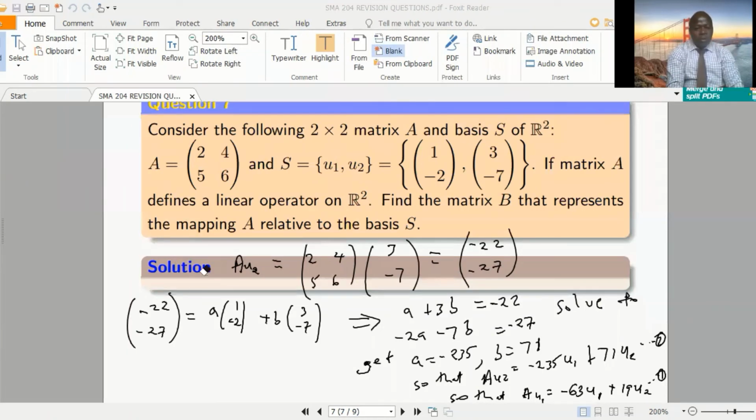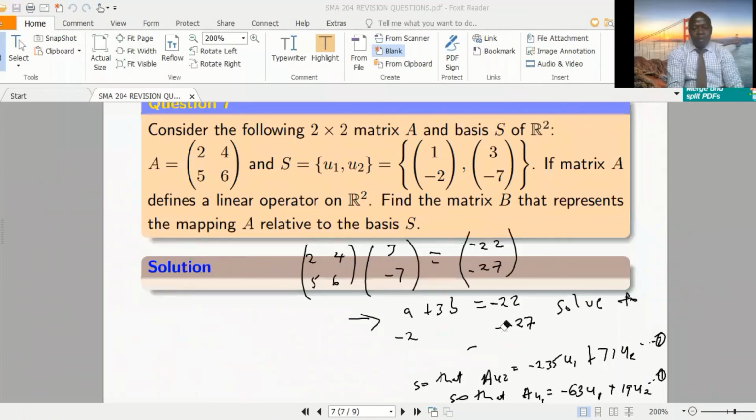So what is left is just to write matrix B, because you already have equation 1 and equation 2.